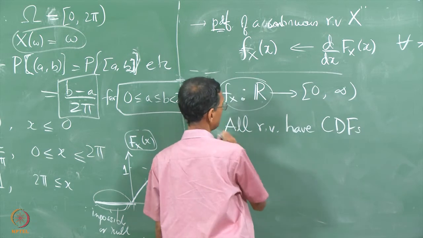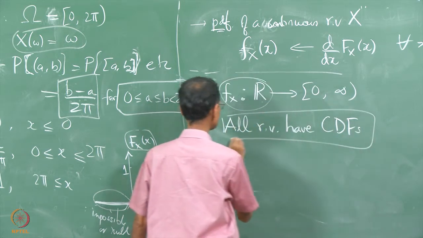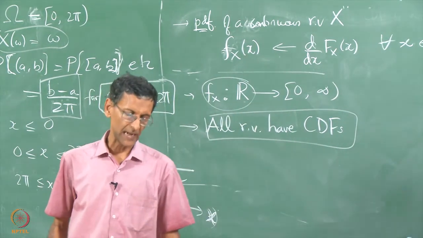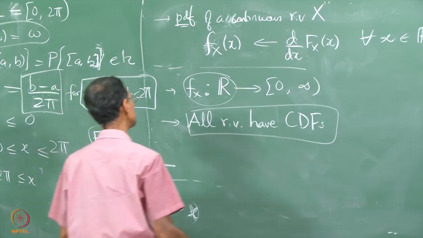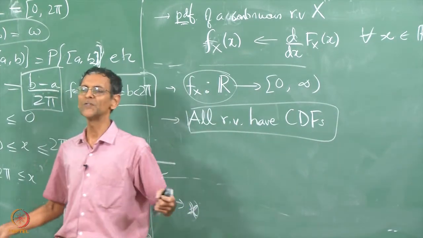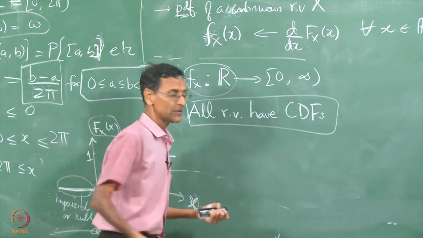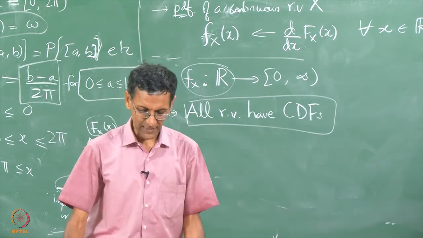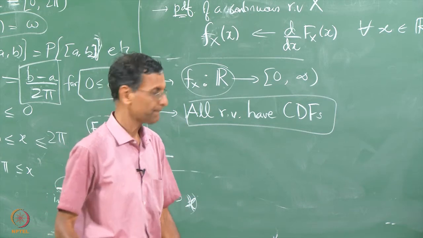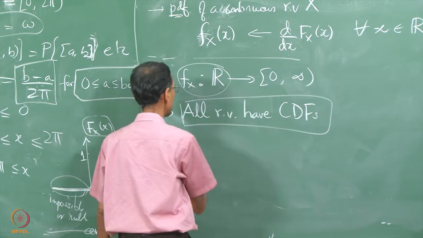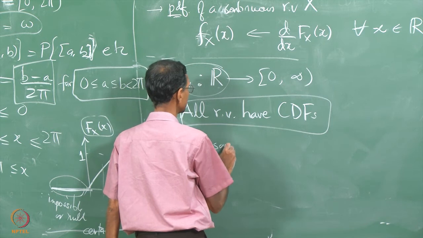That means that the CDF turns out to be the mathematically unifying concept for a random variable, whether it is continuous or discrete. So what kind of a CDF does a discrete random variable have? It turns out that discrete random variables have staircase CDFs.